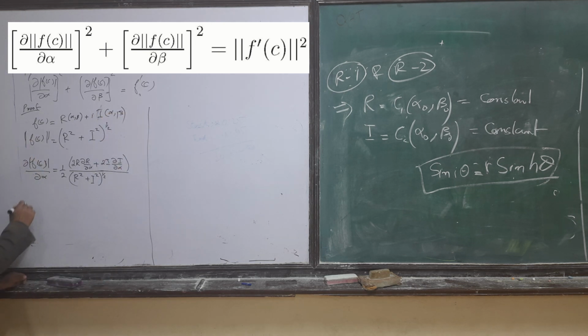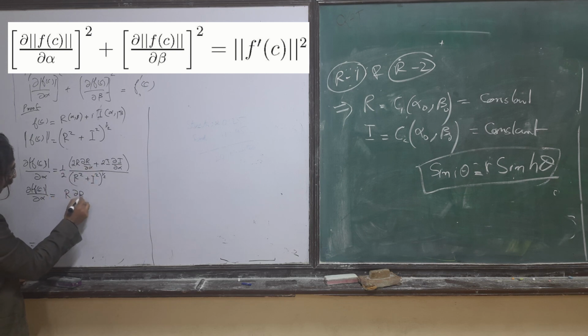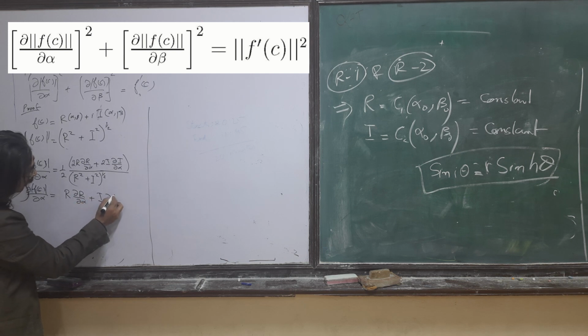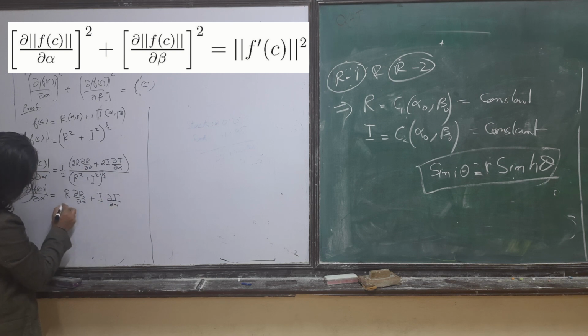Okay, and you may say that the partial F(c) over partial alpha, the 2 will cancel out in both. This will be R partial R over partial alpha plus I partial I over partial alpha, divided by R square plus I square to the power 1 by 2.